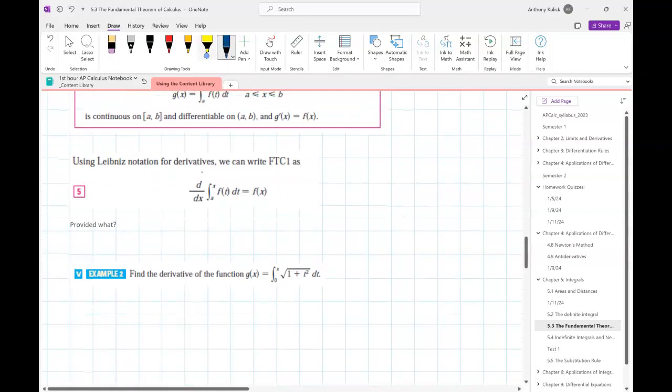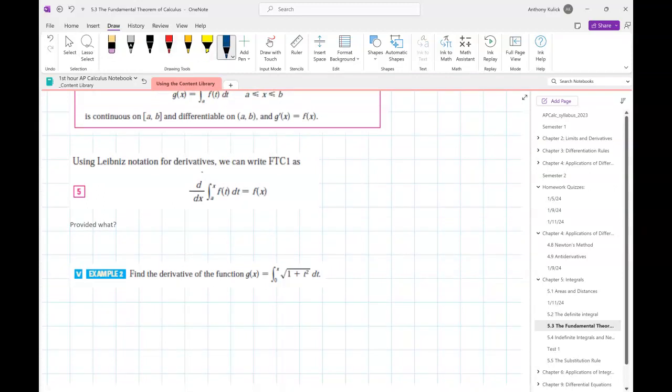So if I want the derivative of g of x, the integral cancels out, and this t becomes an x. And we're done. That's all we're saying. Done.